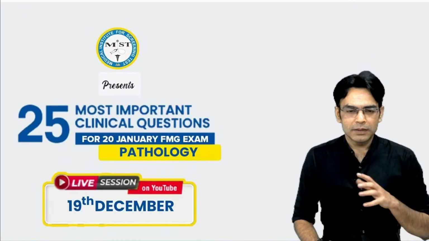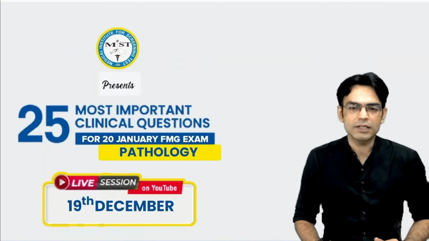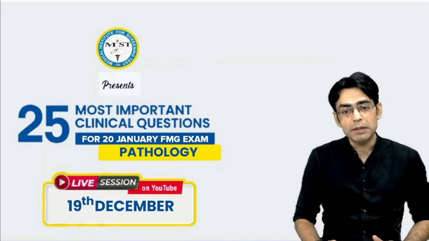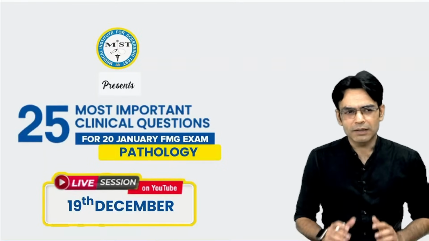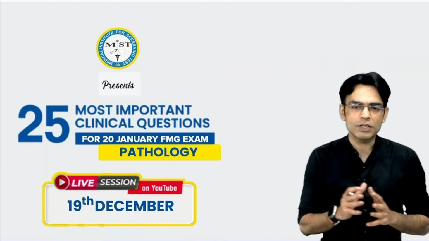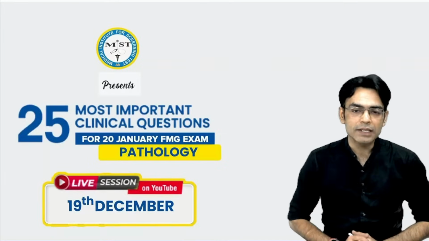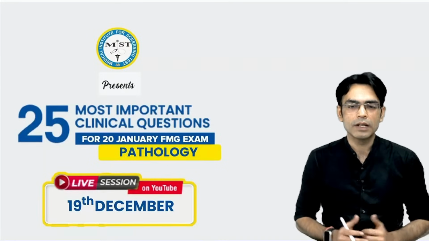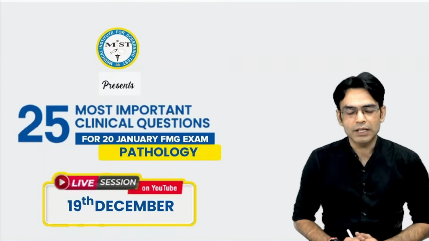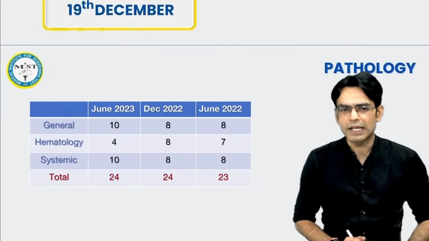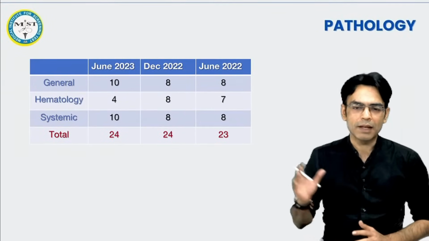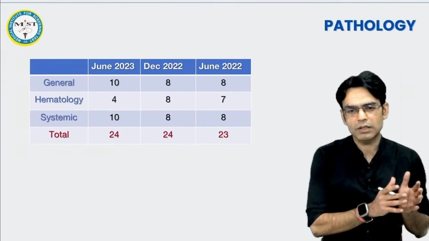Now see, as far as pathology is concerned, as we have discussed multiple times in the classes, according to NB the question count is different, but whatever we are covering in the subject is integrated with every subject. The number of questions in past exams was around 23, 24.